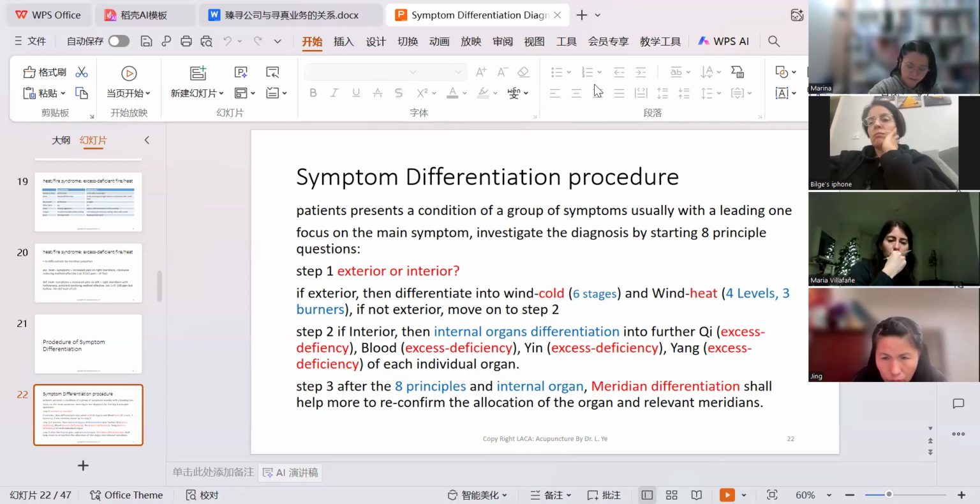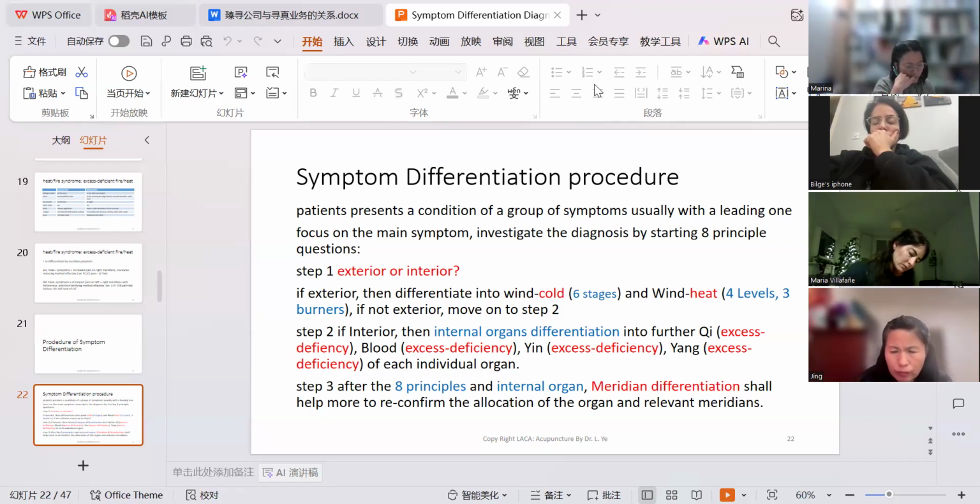So step 1, identify the exterior from the interior. Step 2, if it is exterior, then you go to the cold and heat oriented questions. Ask questions, check the tongue coating, and then I will be able to guide you through the exterior conditions, using either 6 stages or 4 levels.